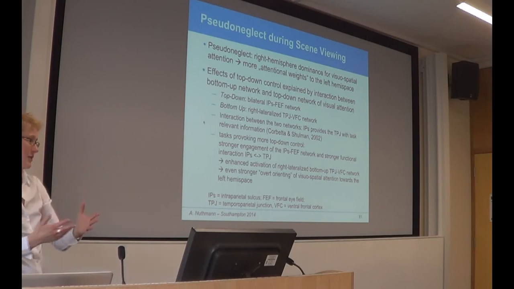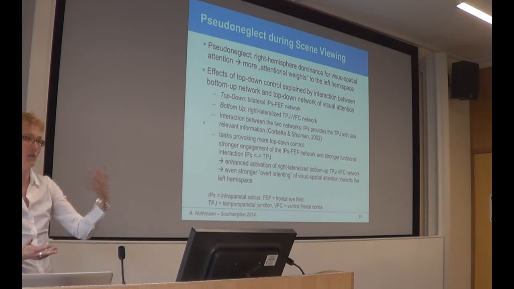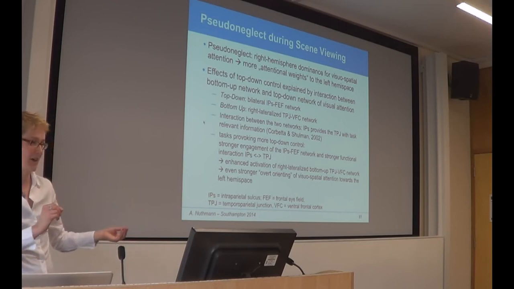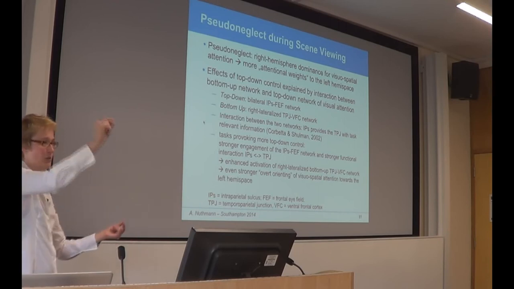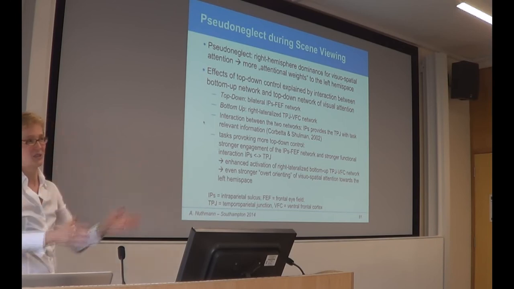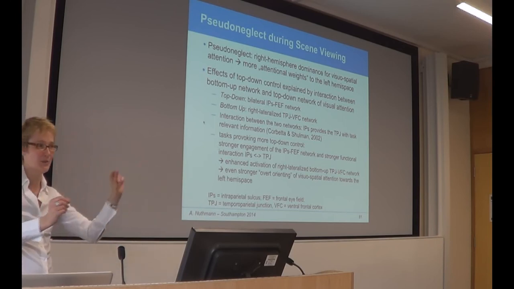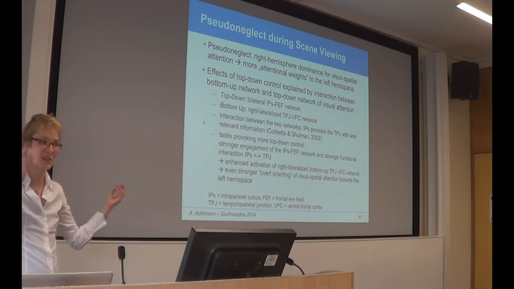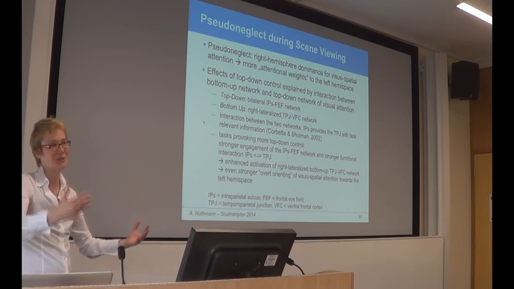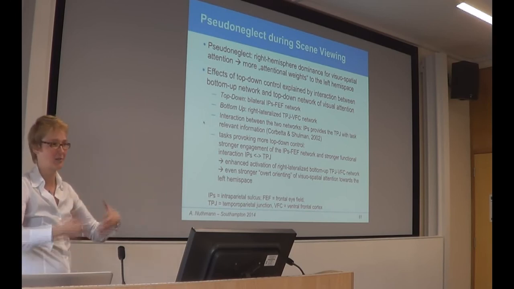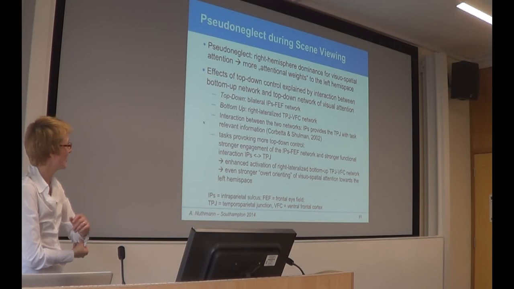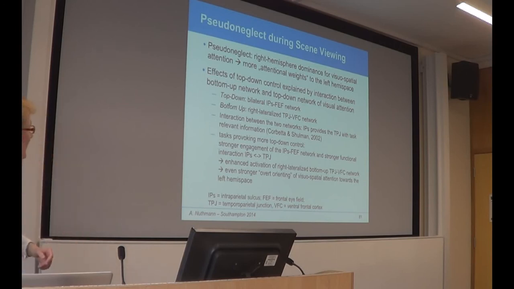And in the search task, as you can imagine, you can't fully compare it to the other 2 tasks, but if you remember that curve, when I put the left and right side targets together, the amplitude was larger and the duration was really long. So tentatively, one could argue the task with the highest top-down control produces the largest pseudo-neglect effect. And that's really painful, I have to say.